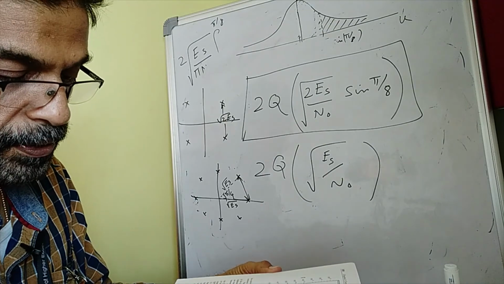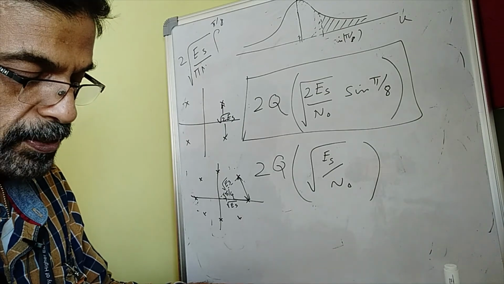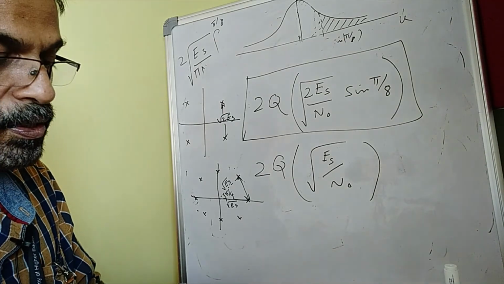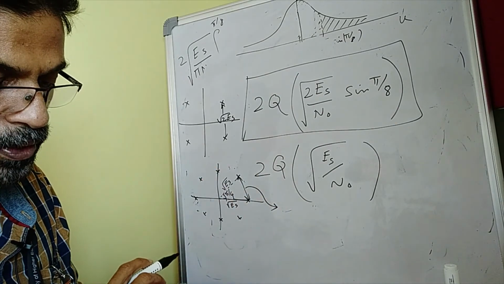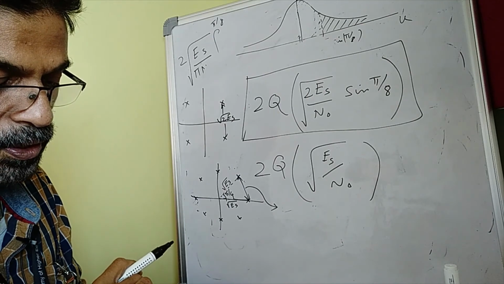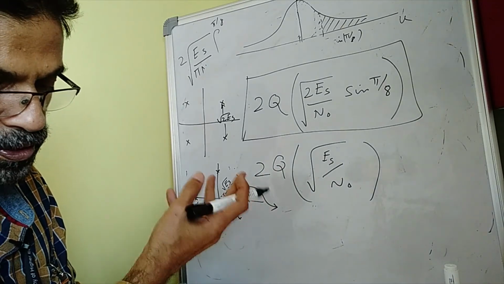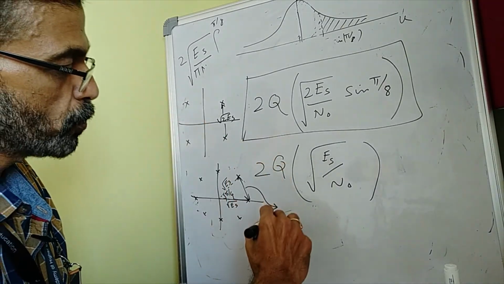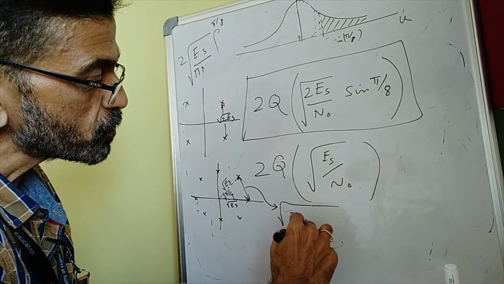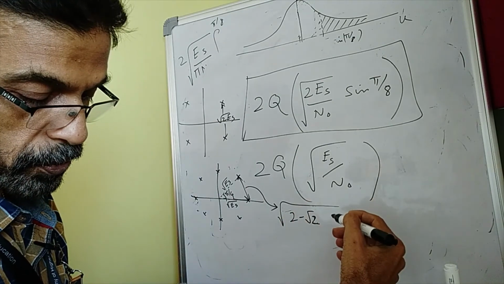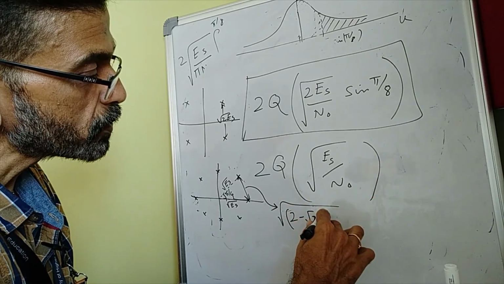Again, I'm leaving it because it's very elementary. You can use simple trigonometry and show that this distance, that is the distance between the adjacent signals which represent the symbols, is equal to root of 2 minus root 2, under root Es.